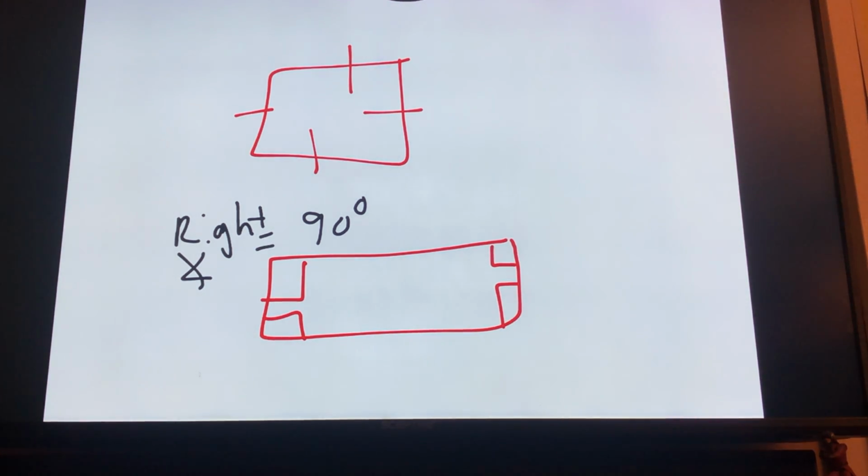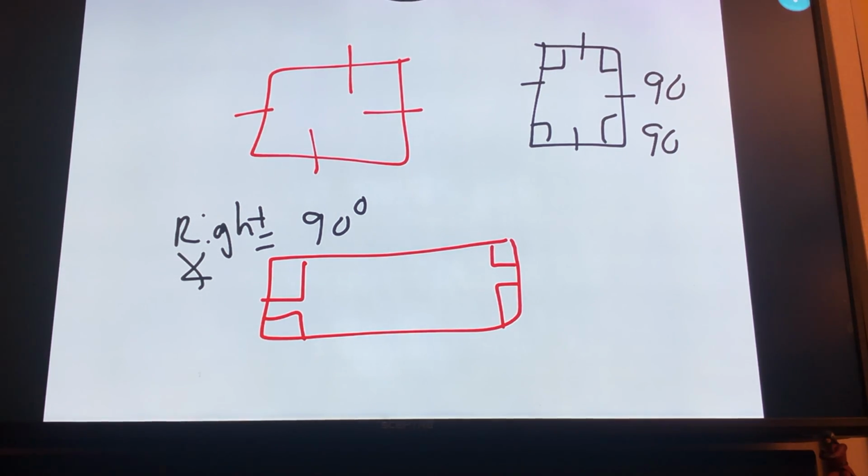Alright, so what about a square? Well, a square is a rectangle with all sides the same length, and what else? Right angles. So that means every angle is what? 90 degrees, 90 degrees, 90 degrees, 90 degrees.